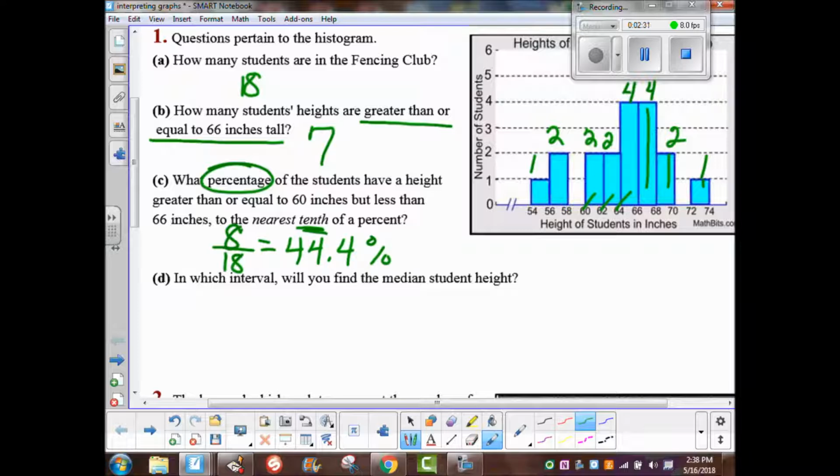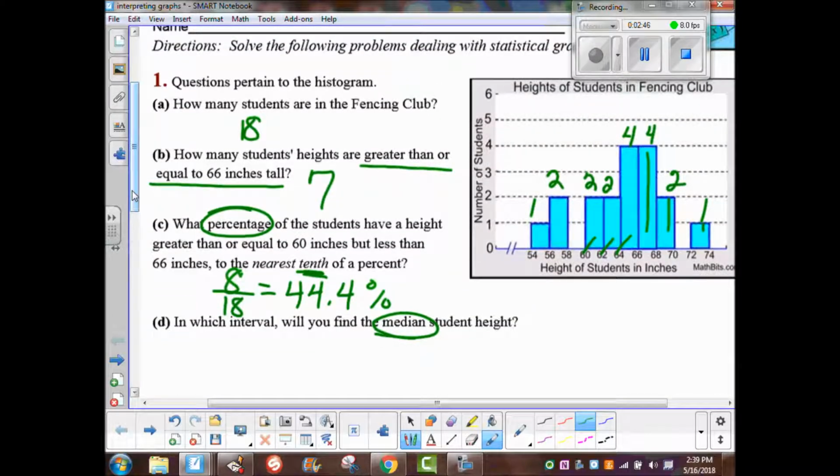Okay. In which interval will you find the median student height? The median. If we've got 18 students there, the middle of 18 is right around 9. So if we've got 1, 2, that's 3, 4, 5, 6, 7. Okay, right in here, that median is going to fall, and that's going to be that 64 to 66 interval.